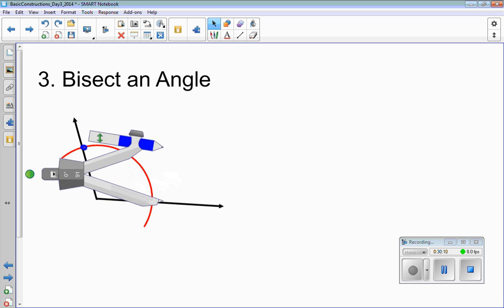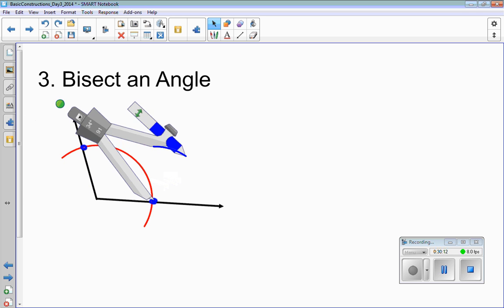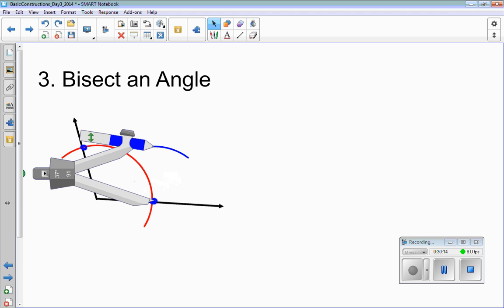And what I want to do with my compass is, out kind of in the middle of my angle, make an arc. It doesn't matter. You can open or close it. This part doesn't matter. Just make an arc.